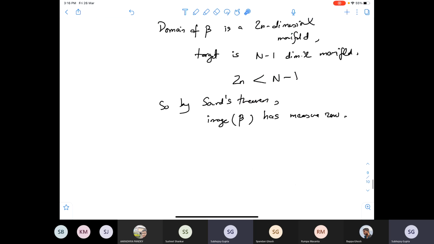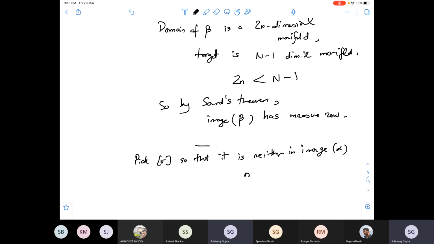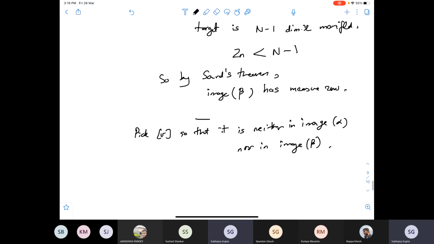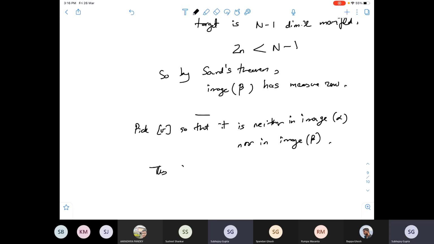So pick v so that it is neither in the image of alpha, which we discussed last time, nor in the image of beta. This is possible because you're just trying to avoid a measure 0 set. So this v works, proving the claim.